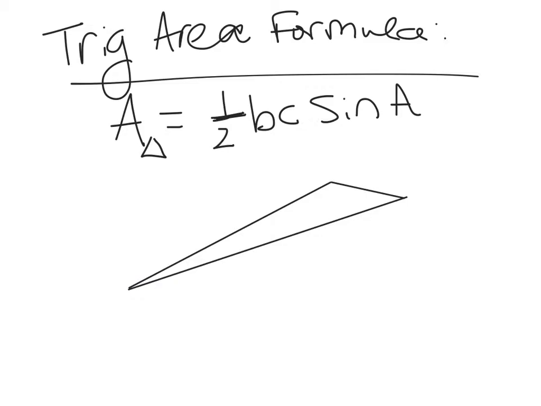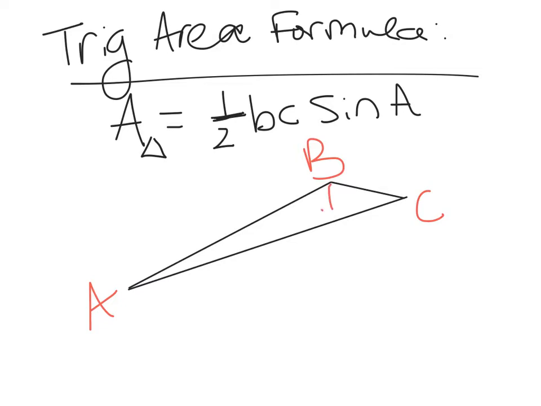So the area of a triangle is 1/2 bc sine of A, and that would look like a triangle ABC. We remember we label our sides in lowercase letters based on what angle they're across from.